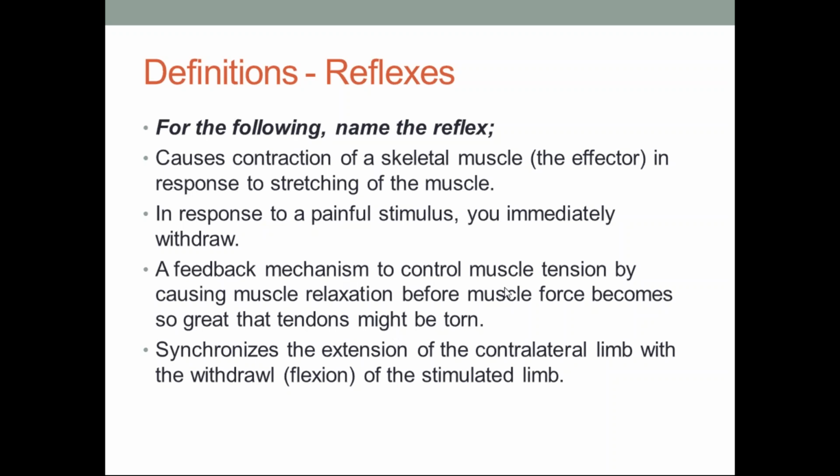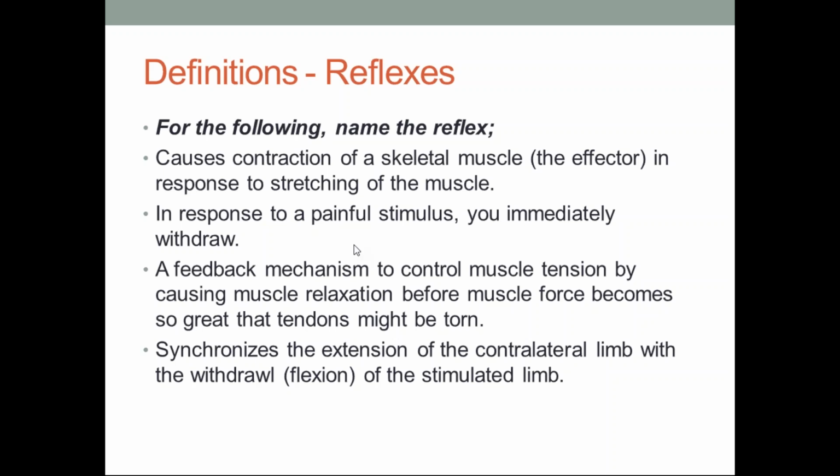A feedback mechanism to control muscle tension by causing muscle relaxation before muscle force becomes so great the tendons might be torn. The tendon reflex. Okay, and synchronizes the extension of the contralateral limb with the withdrawal or flexion of the stimulated limb.